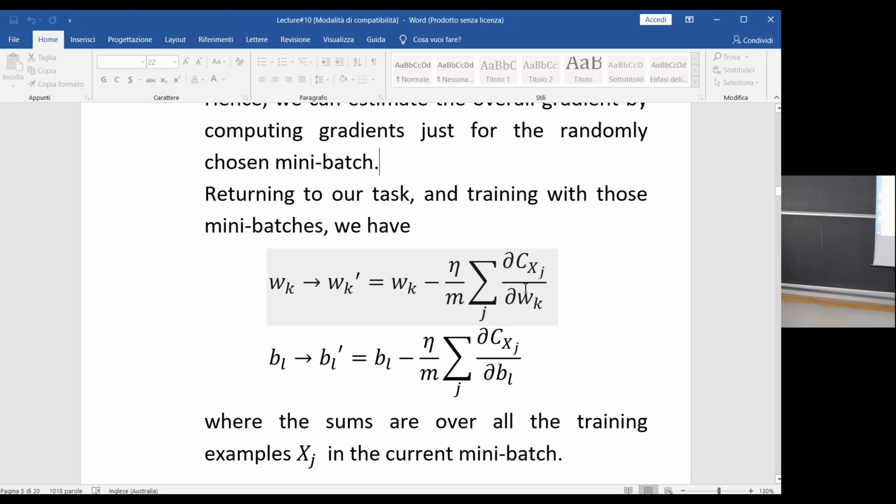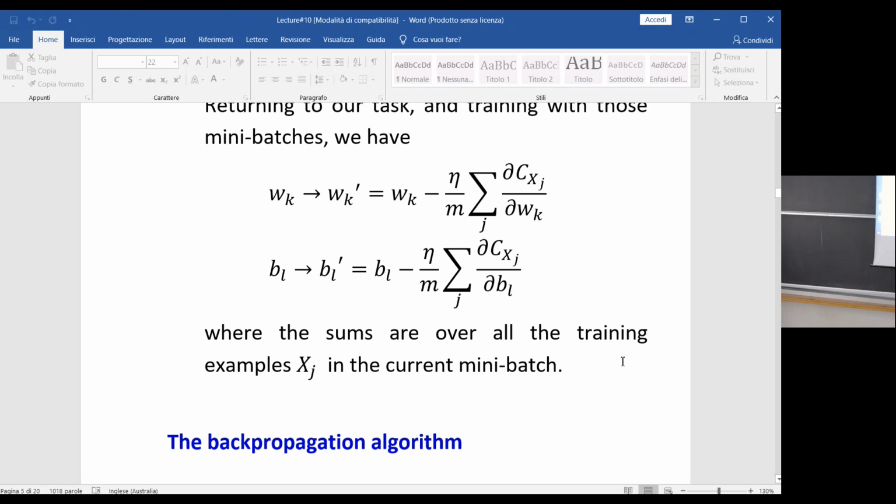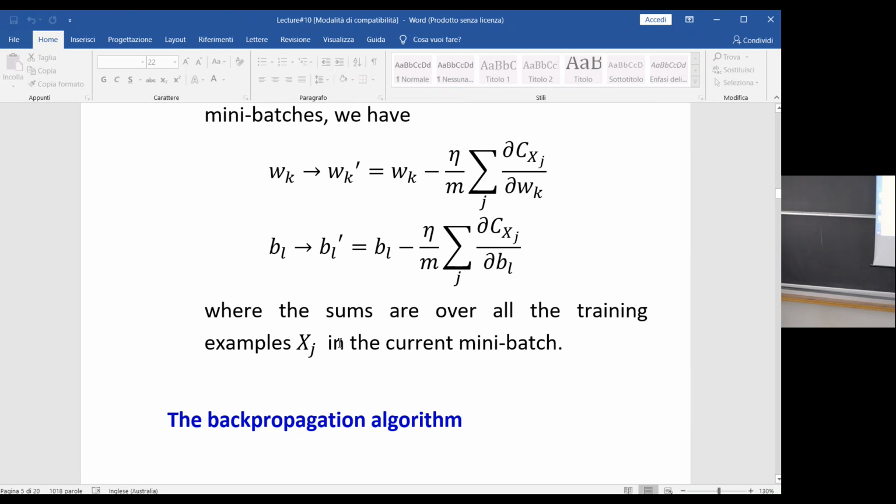So our gradients by the weight parameter, and the same thing will be done to update our bias, as for all the nodes of our network, where the sums are over all training examples in the current mini batch. It can shorten our procedure 60,000 times.